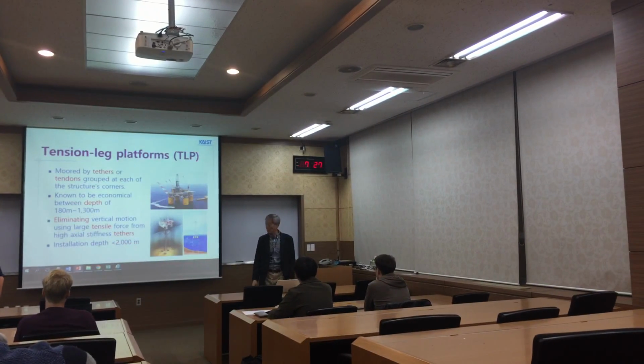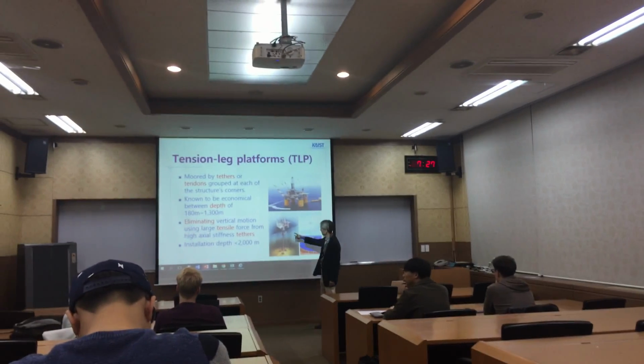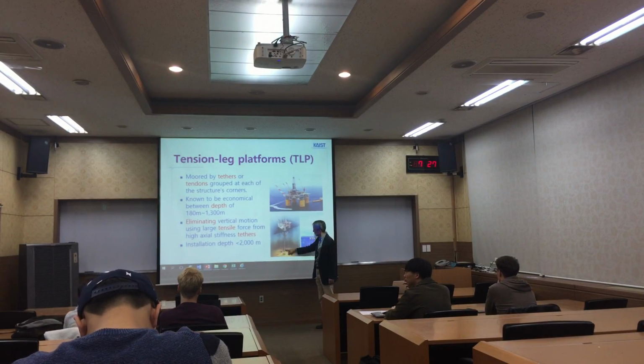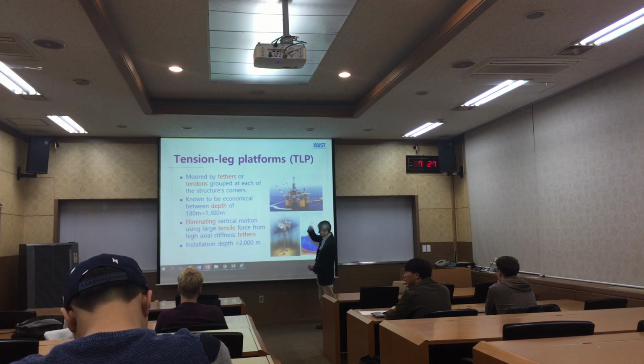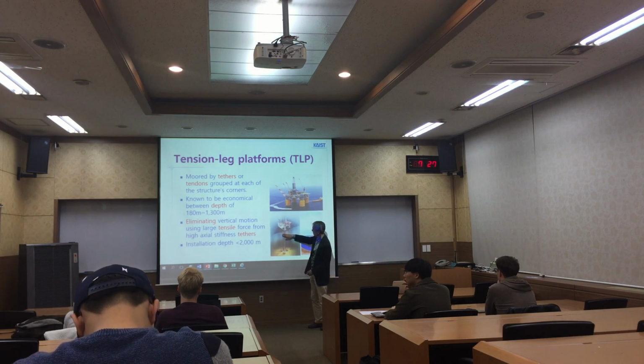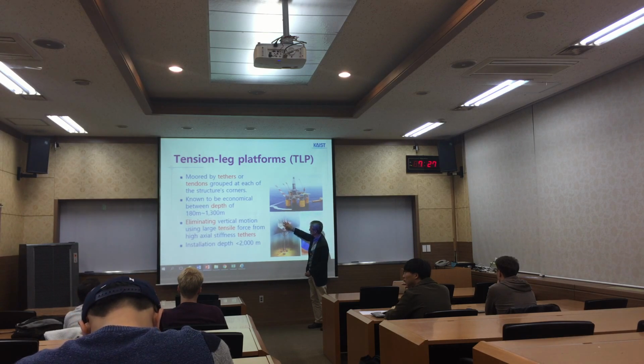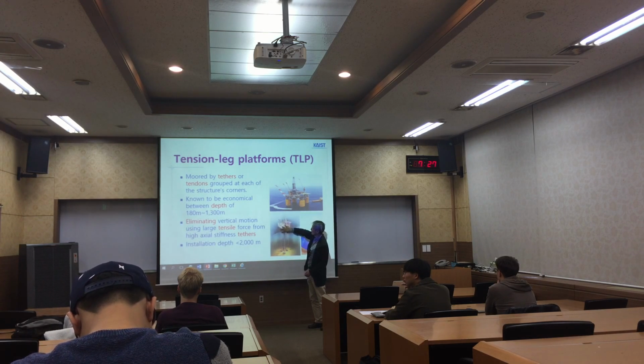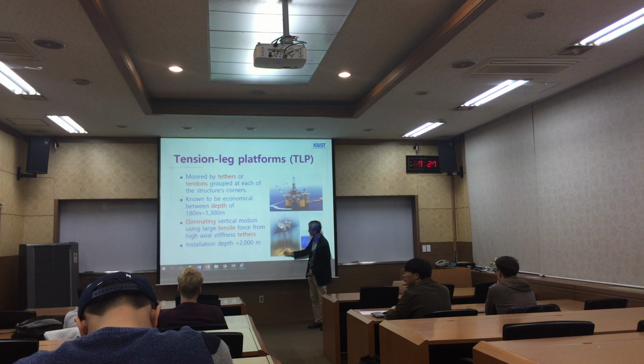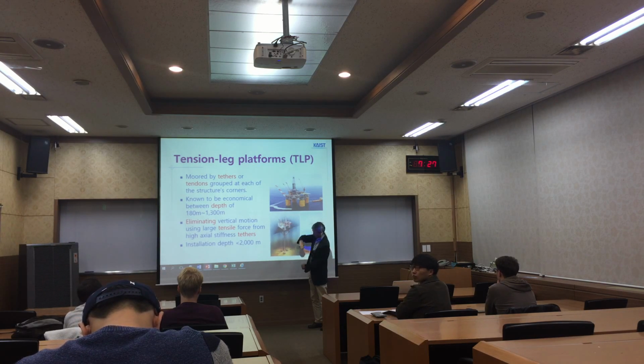And tension leg platform, TLP, we call this tethers or tendons. The lines, this line, strong lines. And they are holding, so it's a tensioning, so that this buoyancy is higher than the weight of this one. So there's more buoyancy, but this one is holding down, so that they have a tension, so that they do not move.